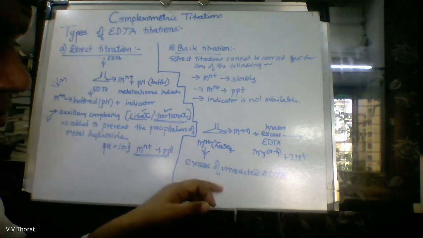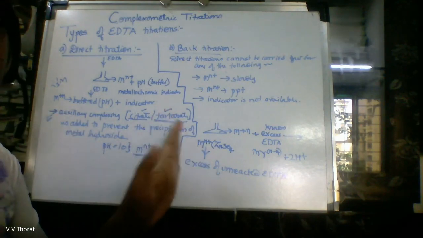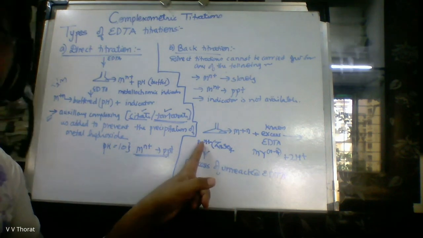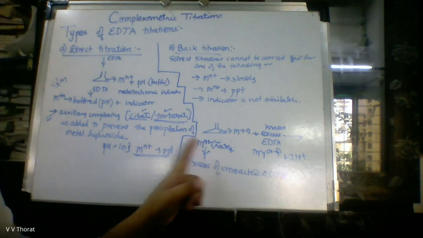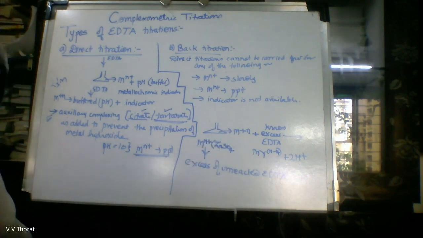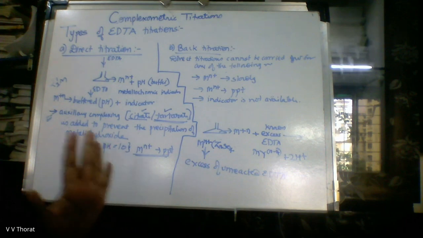EDTA एक्सेस टाइट्रेट करने के लिए ब्यूरेट में एसिड बेस नहीं चाहिए. ब्यूरेट में भी any metal ion, commonly zinc sulfate or magnesium sulfate, zinc chloride or magnesium chloride solution. This is the back titration.